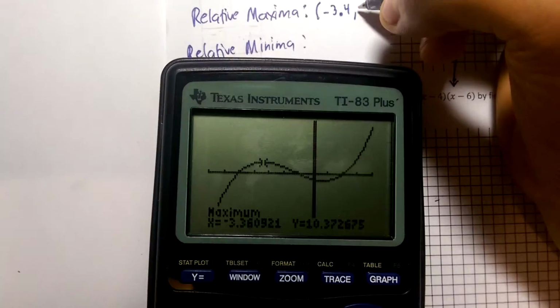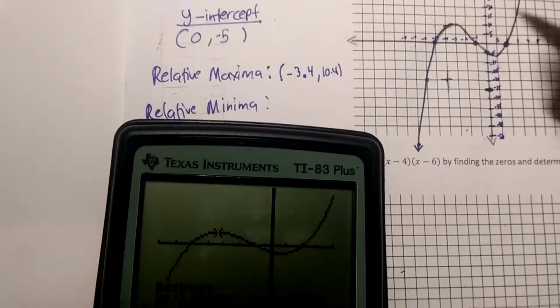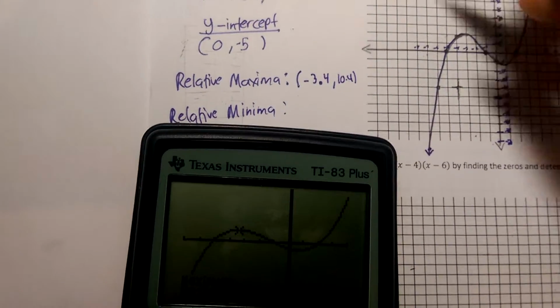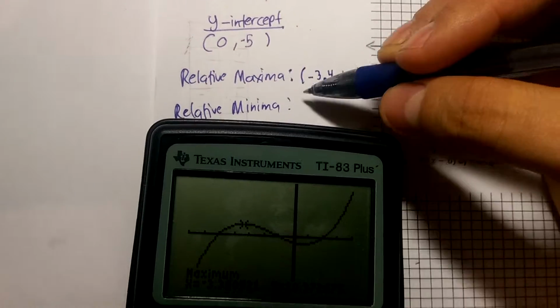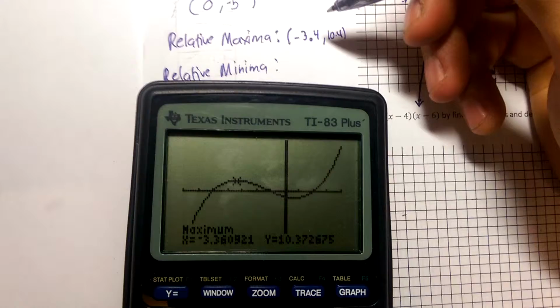Do you guys see that? You don't have to label the relative maxima here. You just need to label it on the side. I need to know that you know where it is. Is that okay?